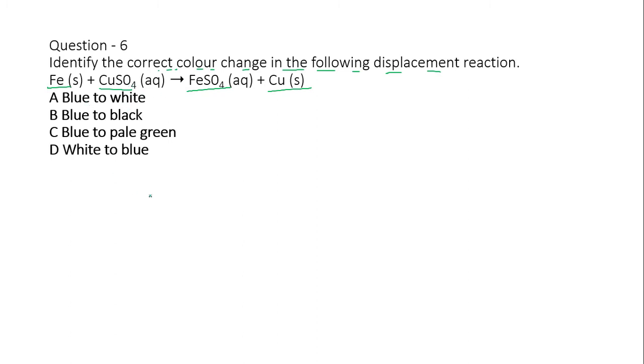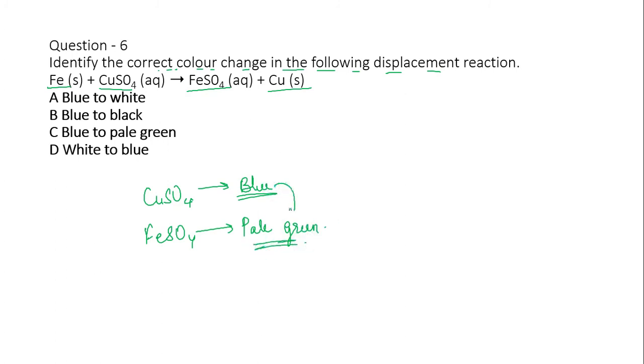Since you know that CuSO4 is a blue colored solution, and also we know that FeSO4 is a pale green colored solution, it simply indicates that the color has changed from blue to pale green.